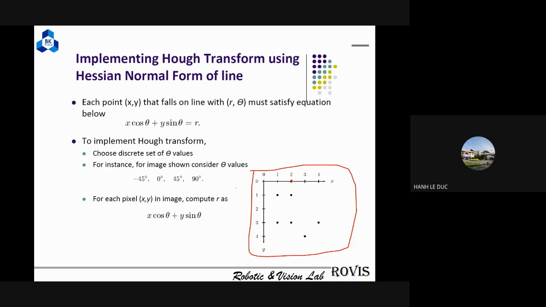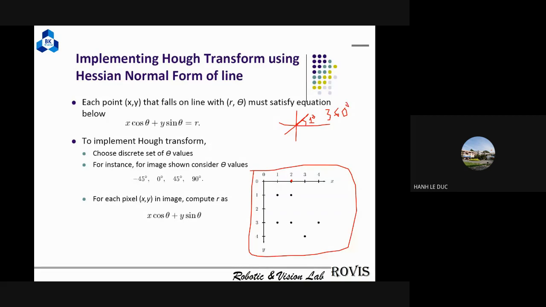In the previous example, I already told you that if we have one point here, we have to rotate it 1 degree, 1 degree, so we will have 360 lines.